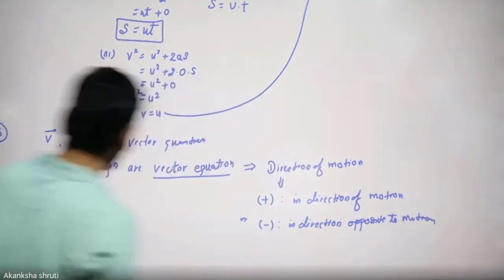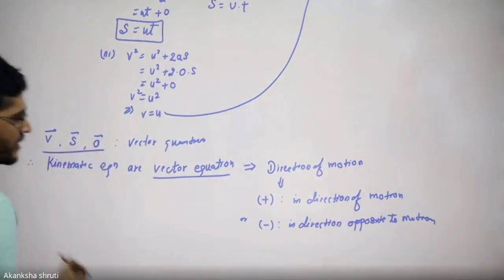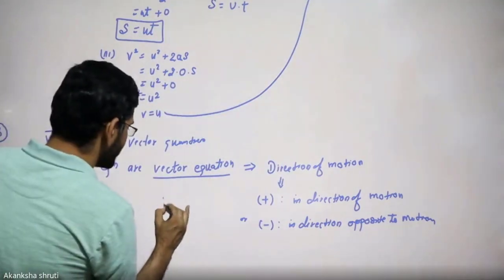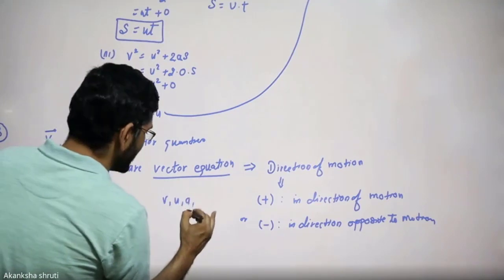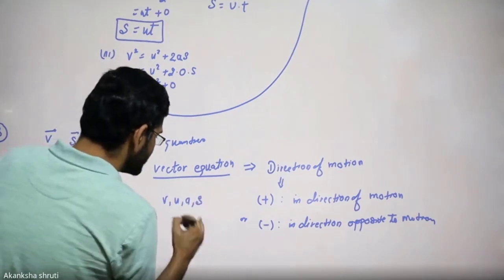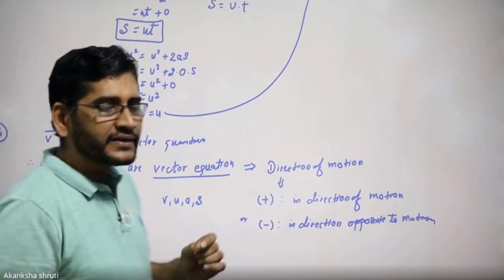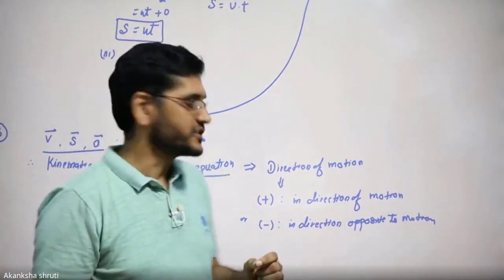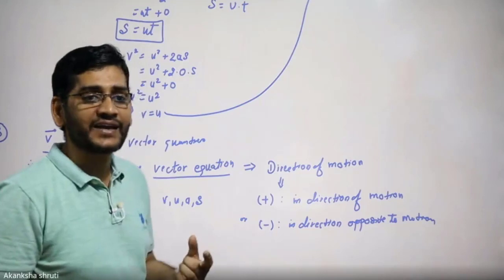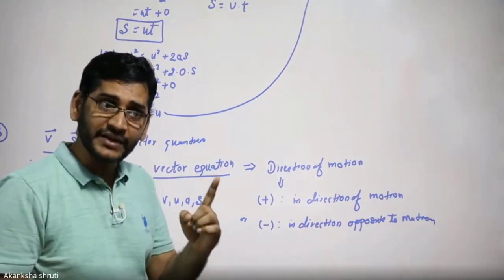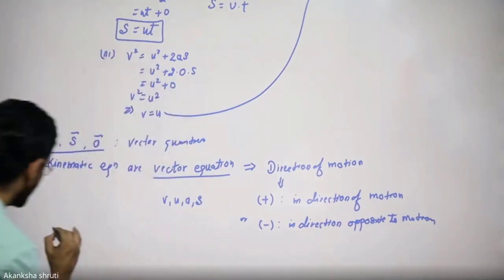This means, student, all of these, whether V, U, A, S, can be positive or negative. But keep in mind, T, time, which is present in this equation, is a scalar quantity. So never take time negative.